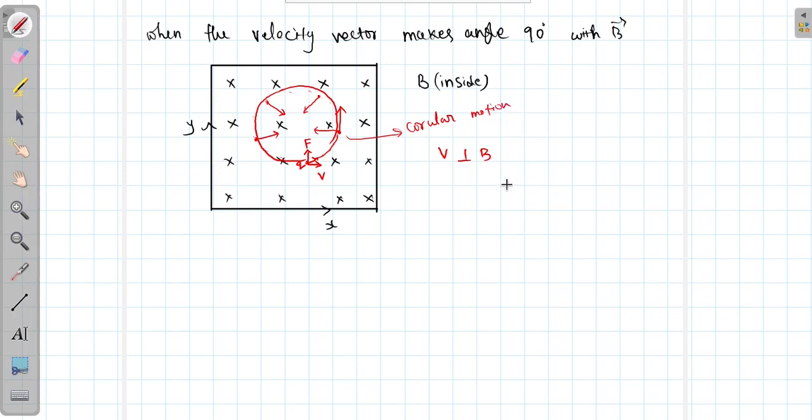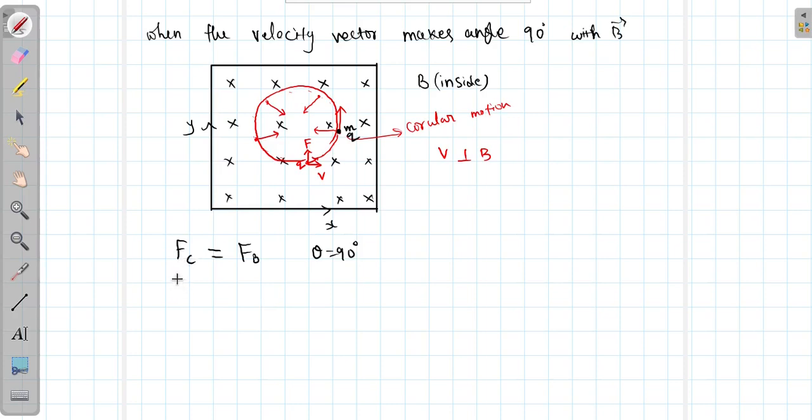Now we'll come to the point. In case of circular motion, there must be a centripetal force acting on this particle. Suppose the charged particle has mass m and charge q. The centripetal force is provided by the magnetic force. Here theta is 90 degrees.